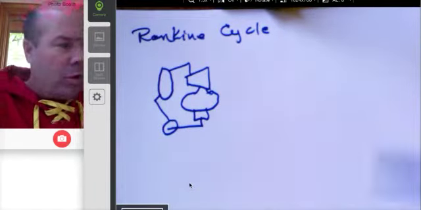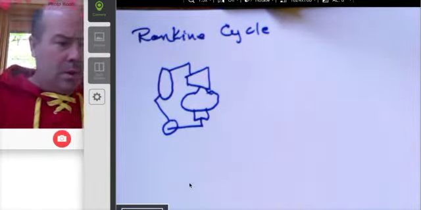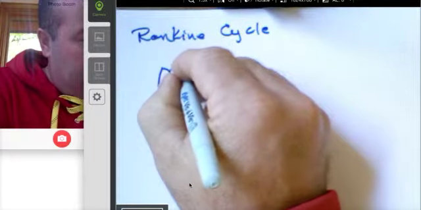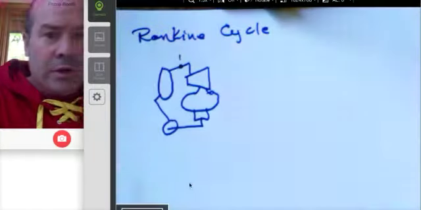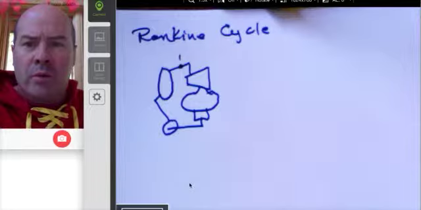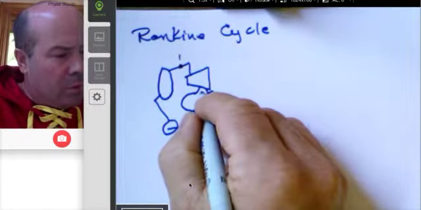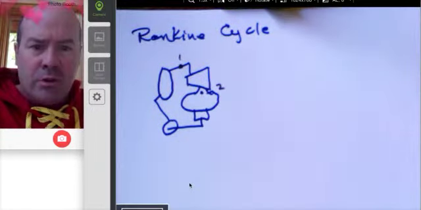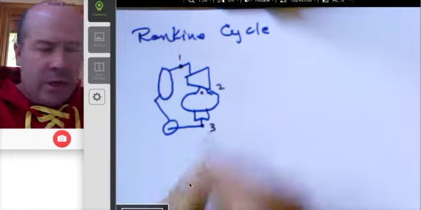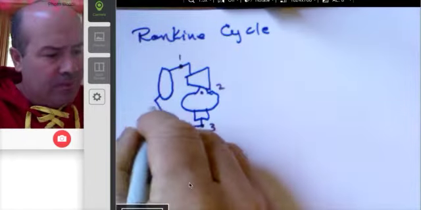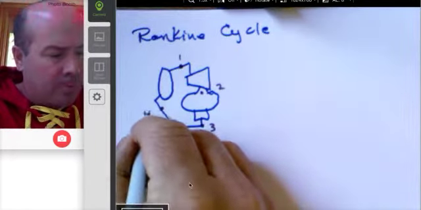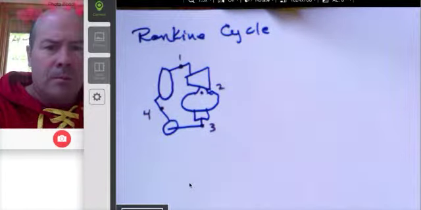This gives us four H's, a given pressure and temperature and so on at point 1 right after the boiler. Point 2 would be right after the turbine. Point 3 right after the condenser. And point 4 right after the pump.